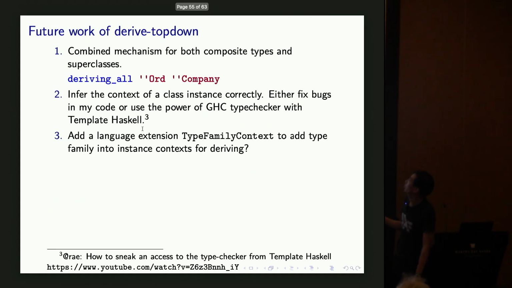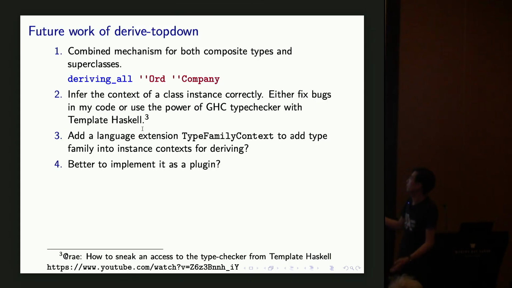Okay. So the future work of derive top-down. Maybe I'll give an API function to derive all the dimensions, the superclasses and the types, and infer the context correctly, and add a language extension maybe called type family context. I'm not sure this is a good idea, to put a type family into the instance context by the compiler.